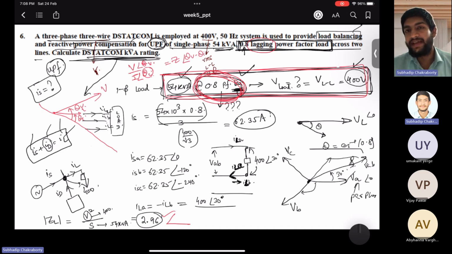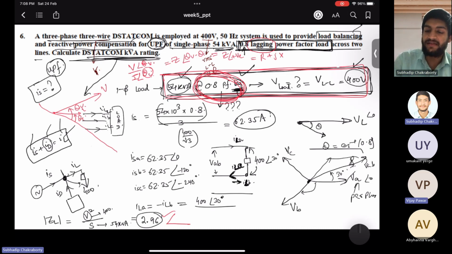So the angle of the current is always smaller and the angle of the voltage is bigger. That's why Z is positive, and that's why you see R plus jX for lagging loads. When you do voltage by current, that plus j will come using complex numbers.